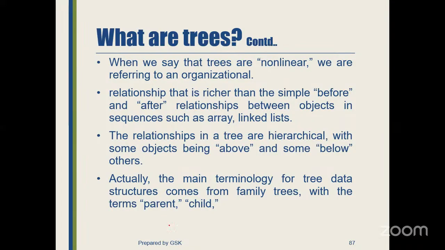When we say that trees are non-linear, we are referring to organization. The meaning of this point is that generally in linear data structures, we use two links: previous data and next data. That's it.